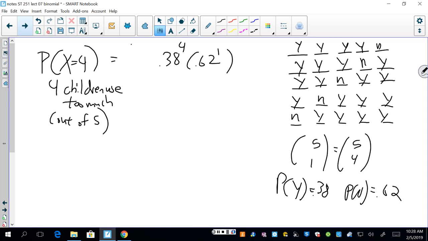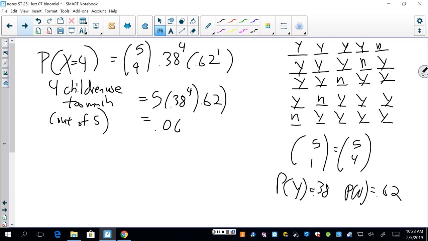So that could happen 5 ways. So since we're counting the 4, and put 5 choose 4 there, it's going to be the same numbers. It'll be 5 times the 0.38 to the 4th, times 0.62, and that number is 0.065. A little bit more likely than having 5, which was more extreme, right?